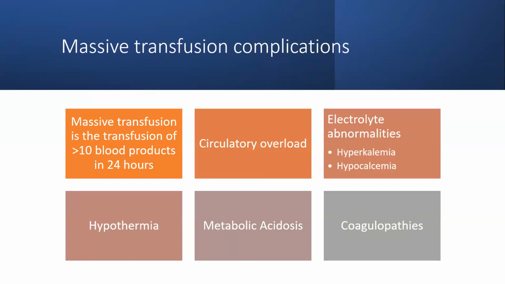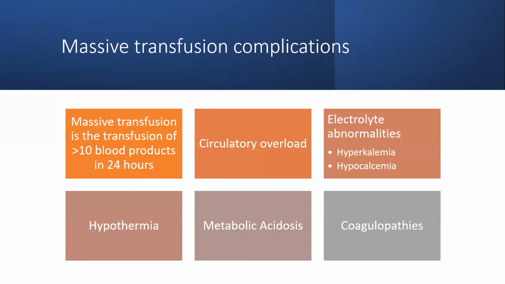So the citrate is going to bind and chelate the calcium that's available in the patient's blood, and that calcium's not going to be available for use anymore. And so these patients will have acute hypocalcemia, and that is going to inhibit a lot of their coagulation as well, and that usually contributes to some coagulopathy.